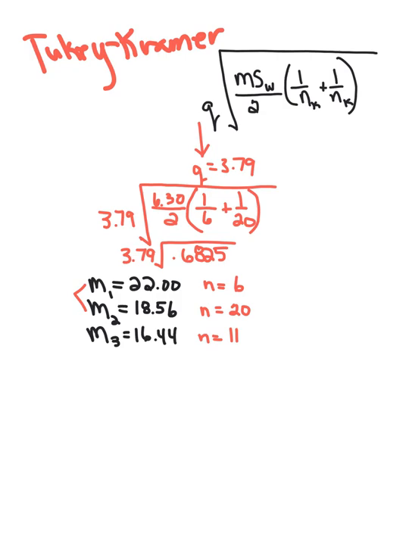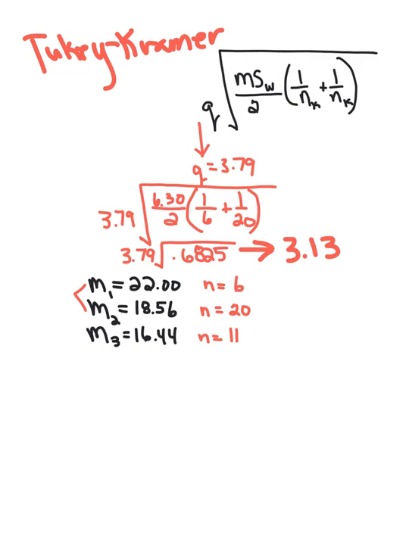Okay, so when I'm doing this, it's 3.79 times the square root of 0.6825, which is 3.13. Okay, 3.13. So that's the difference we're looking for.